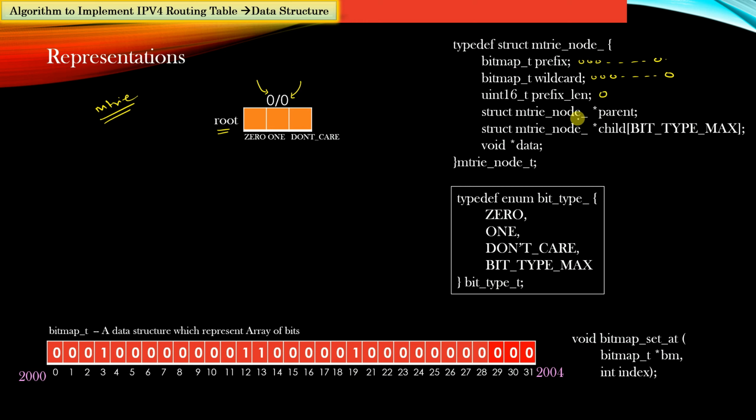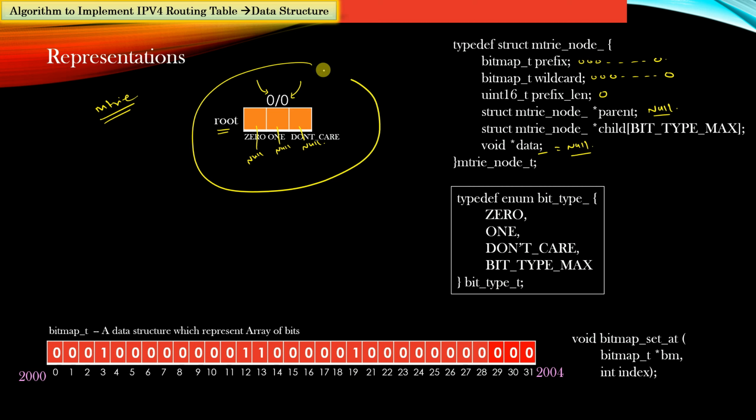The prefix len will be 0. The pointer to the parent will be null. And to initialize with, in the beginning when the tree is entirely empty, all the child nodes would point to null. And the data part is also null. So this is what the root node is. And this is what the mtry data structure would look like when it is just initialized. A freshly initialized mtry data structure will just contain a root node with everything initialized to null or 0.